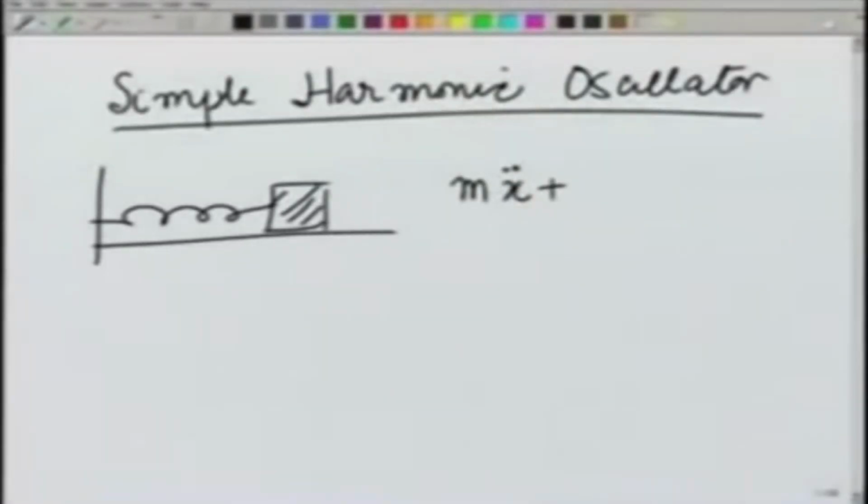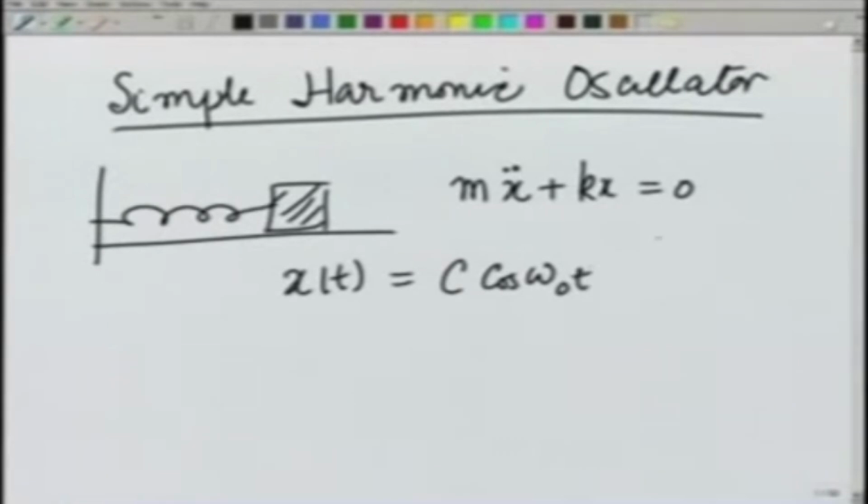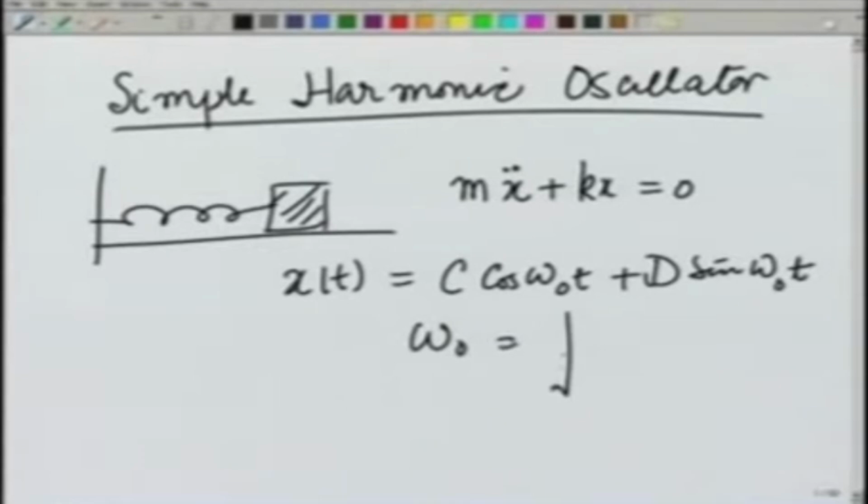spring mass system. The general equation of motion being m x double dot plus k x equal to 0, and the general solution being x(t) is equal to c cosine omega 0 t plus d sine of omega 0 t, where omega 0 is the square root of k over m, and c and d are determined by the initial conditions.